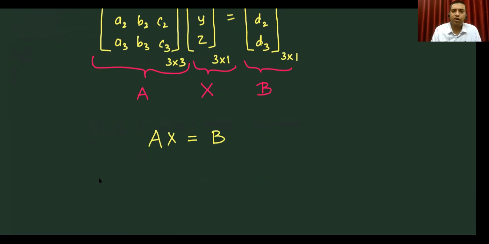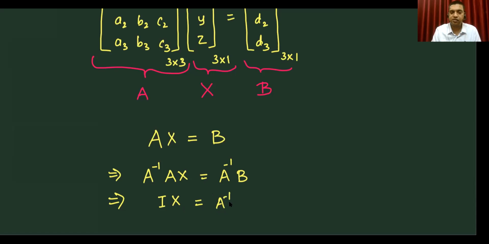I want to solve for X, that is x, y, z. I will multiply both sides with the inverse. A inverse A becomes I, the identity matrix.